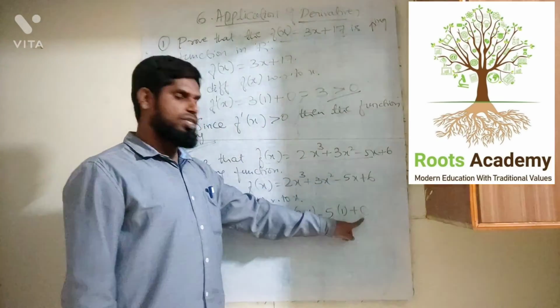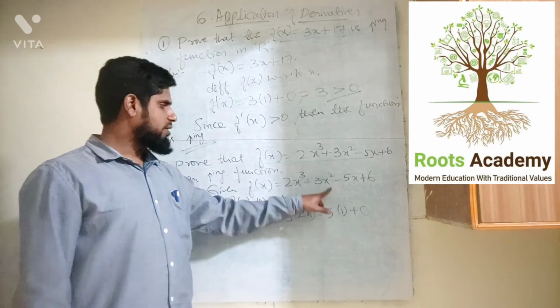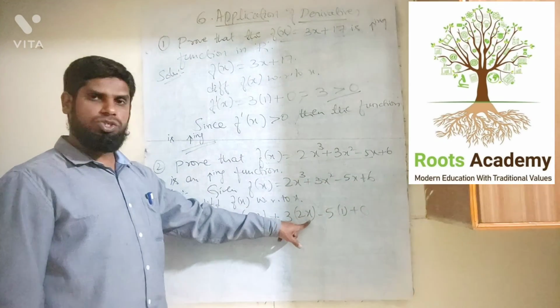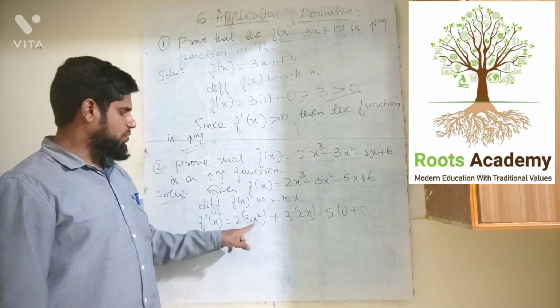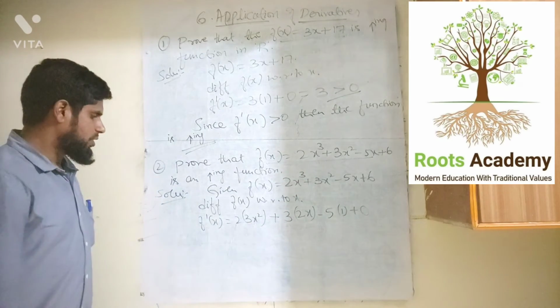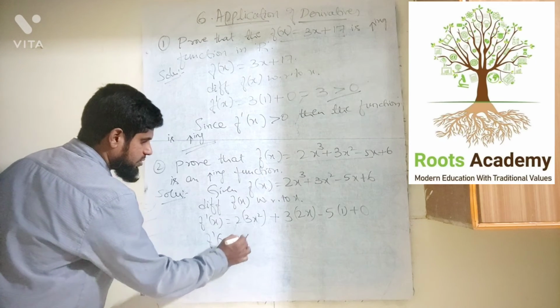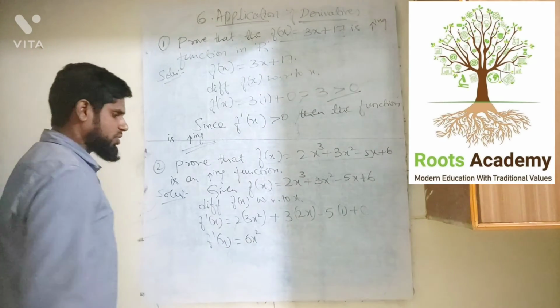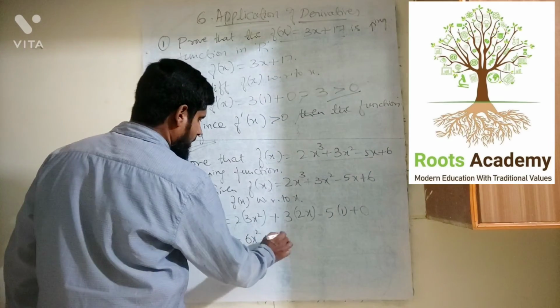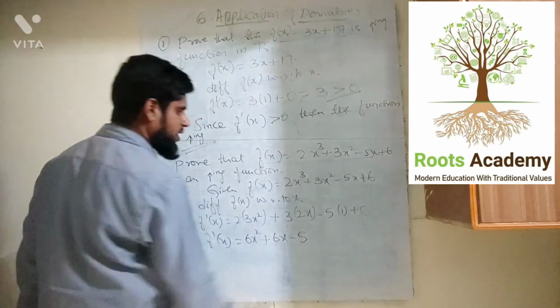Derivative of constant is 0. Derivative of x is 1. Derivative of x square is 2x. Derivative of x cube is 3x square. So finally, its derivative is 6x square plus 6x minus 5.